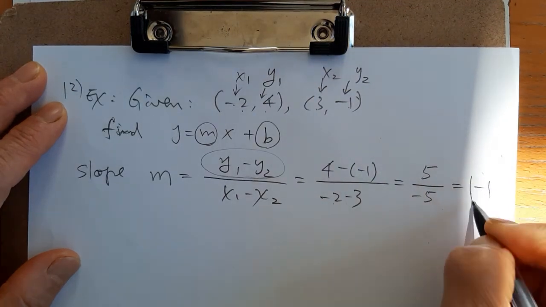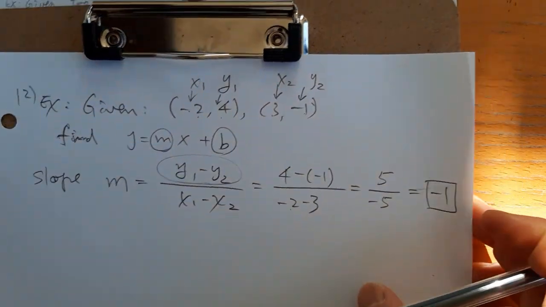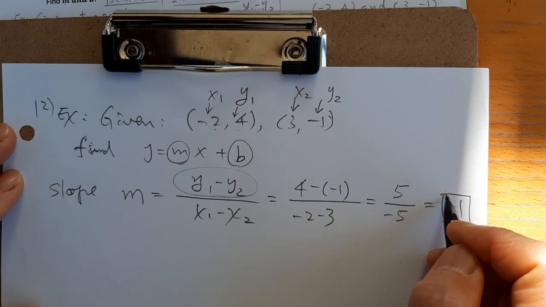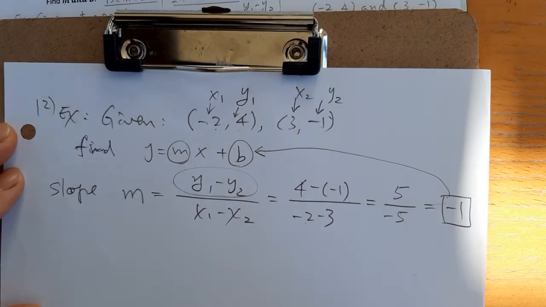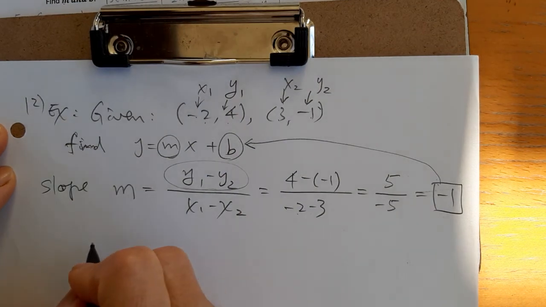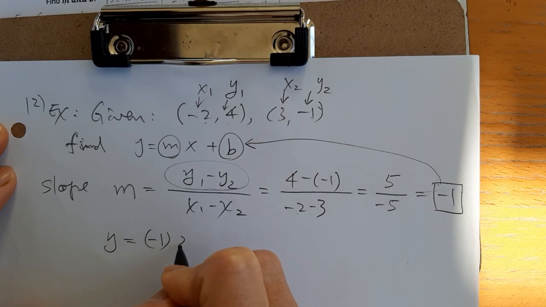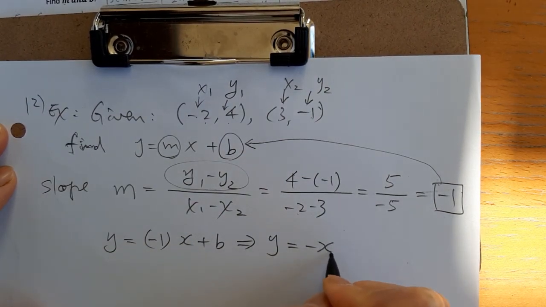Divide, that's the slope, equal -1. Then you plug into the slope-intercept form. So y equals slope -1 times x plus b, which is y equals -x plus b.